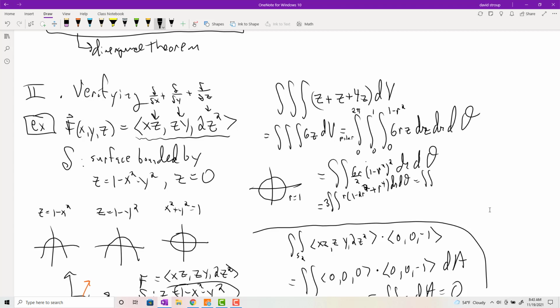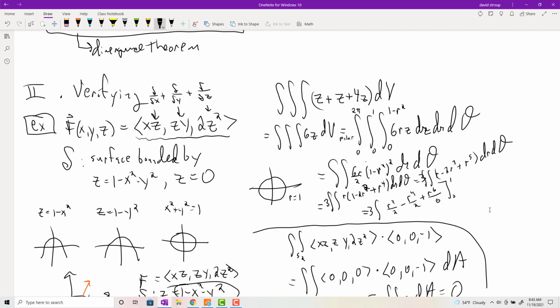So that would be the double integral of r minus 2r cubed plus r to the 5th dr d theta, and then you want to integrate with respect to r, so you get r squared over 2. Don't forget there's a 3 sitting in front. Minus 2r to the 4th over 4, so that would be r to the 4th over 2, plus r to the 6th over 6, evaluated from 0 to 1.